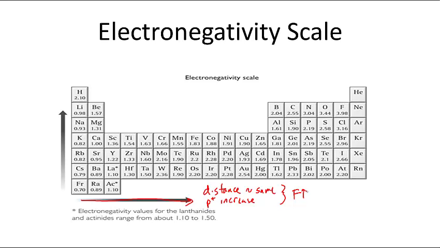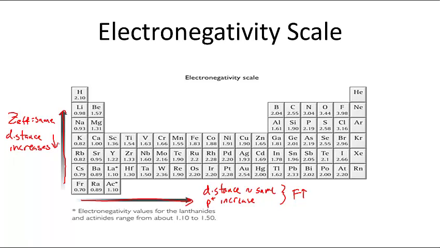Well, if I look going up, here the effective nuclear charge is the same. So the force felt by the valence electrons from the nucleus is about the same, but here distance increases going down.